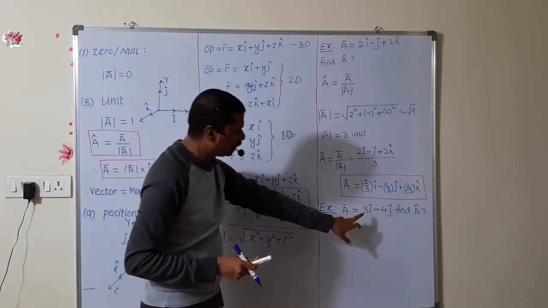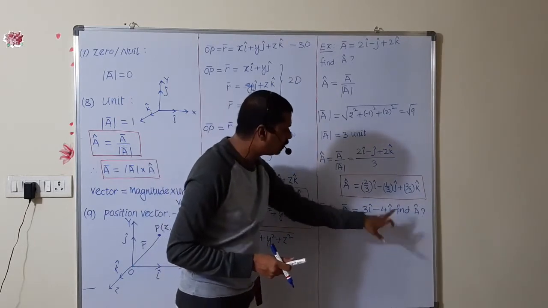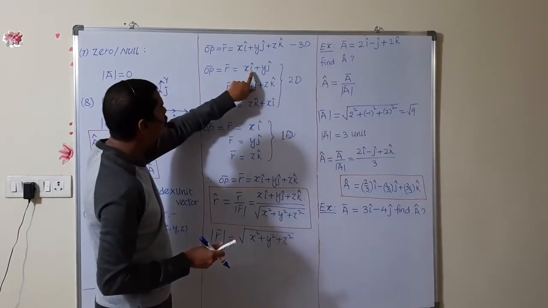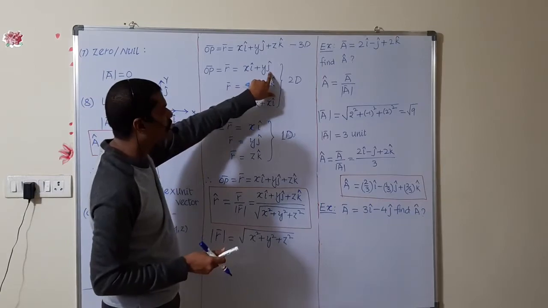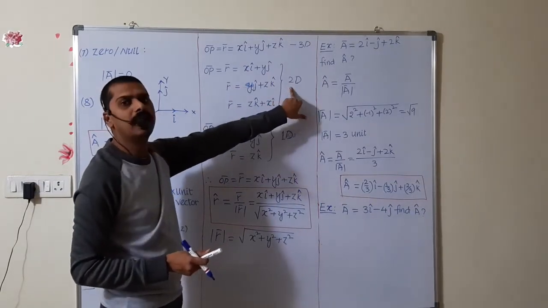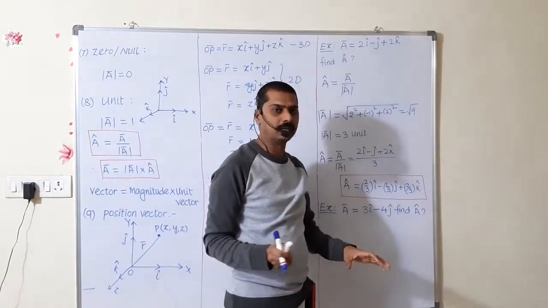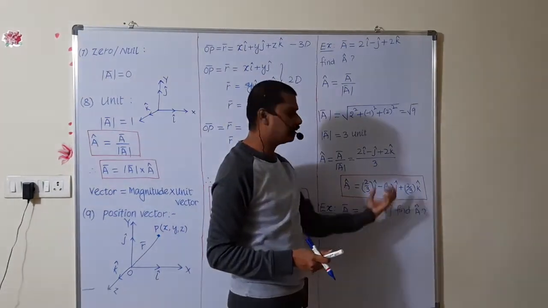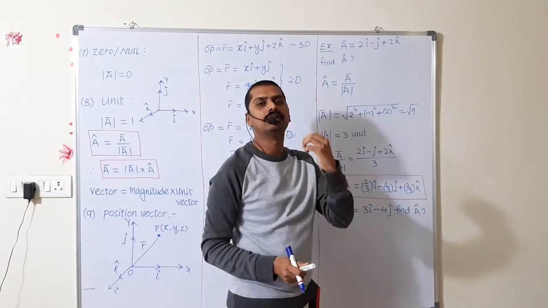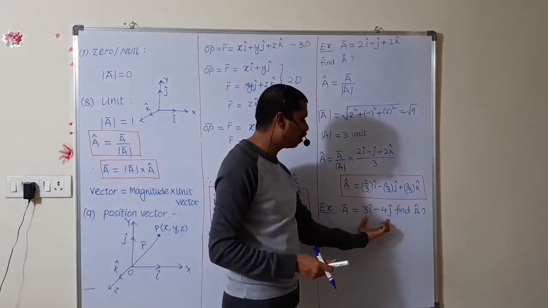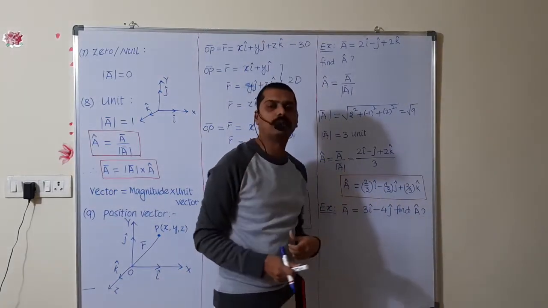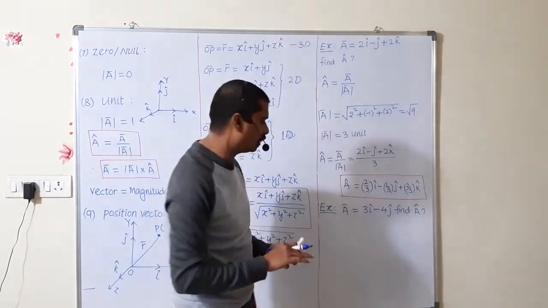If you observe here, i, j means the x component and y component, which is two-dimensional motion. Here the z component is absent, and that absent component we have to take as 0. Otherwise, directly two components are there, and according to the two components only we can find it.